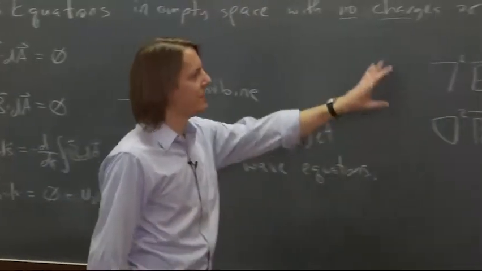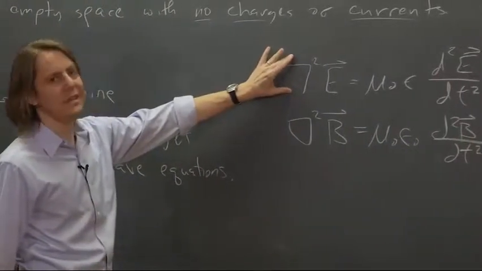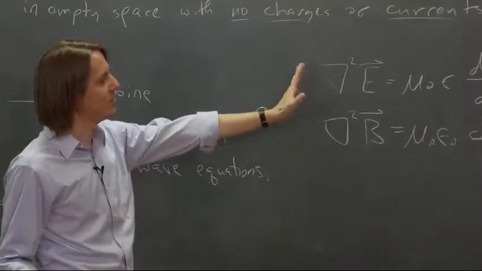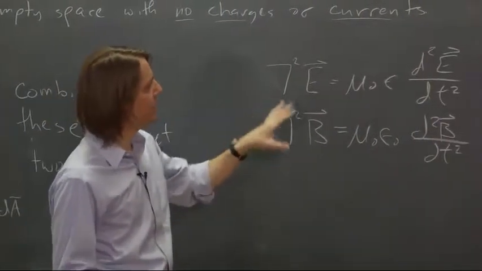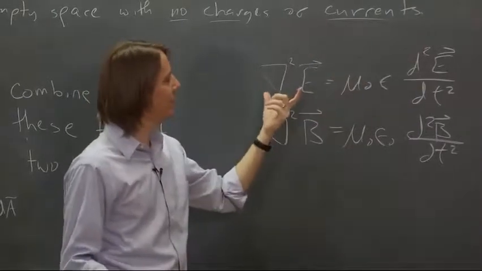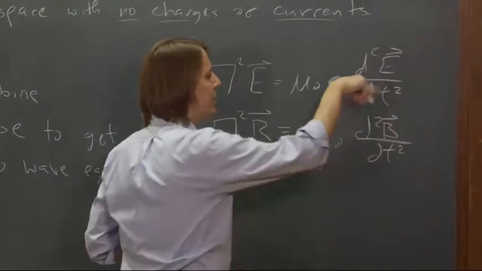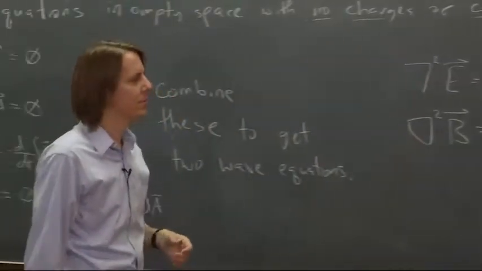So if we accept that this is a field derivative, this is the same as saying d dx in 3-dimensional fields, we recognize this as a wave equation, right? Back on the string, it was F equals ma. Now it's spatial derivative of E, some constants of the universe, and then time derivative of E.